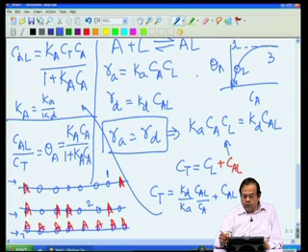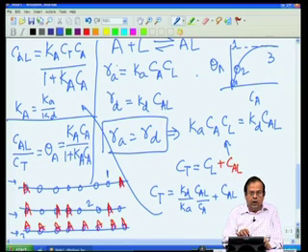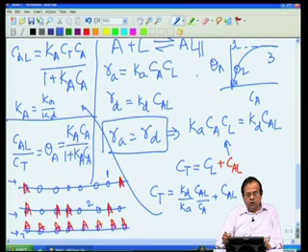So, let me recap this adsorption step. What we said was, we have A binding to L, step number 1, this is my overall reaction, this is my adsorption and desorption rates.